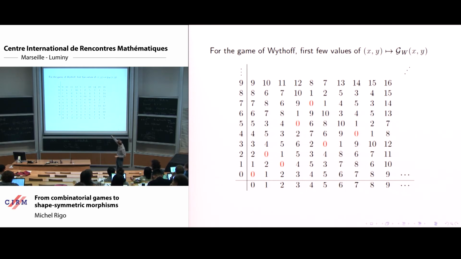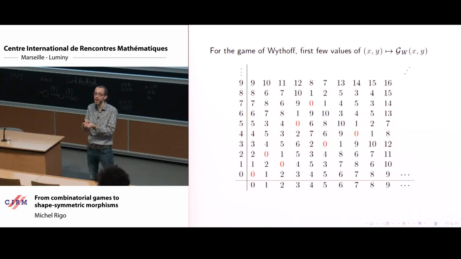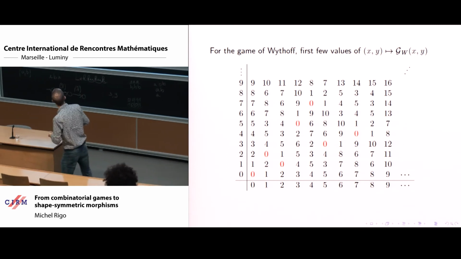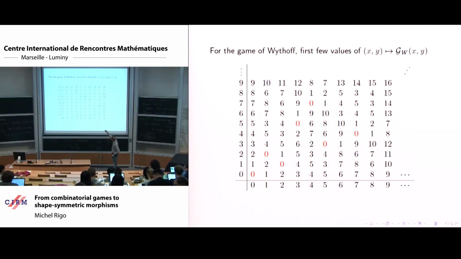You can play in the other direction, you remove something on the other pile, or you can play on both piles simultaneously, so you play on the diagonal. And what you have to compute is the minimal excluded value, so the only value that you don't see before. So why is it a 1 here? It cannot be 0, because I see a 0 here. But if you look, there is no 1. There is a 2, okay, there is maybe some 3 over here, but there is no 1. This is why I have a 1 here.